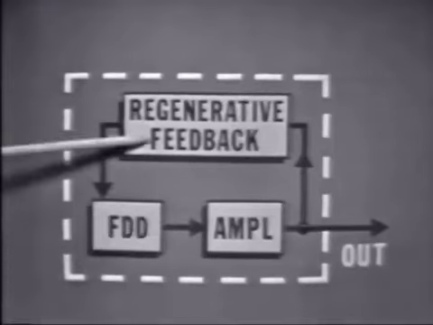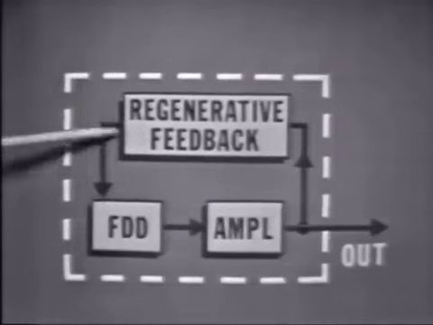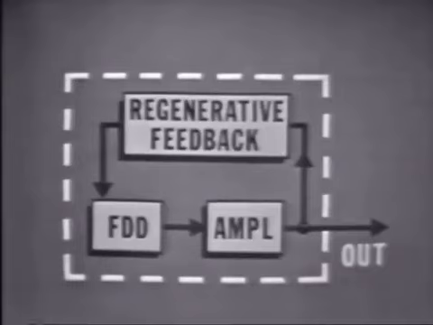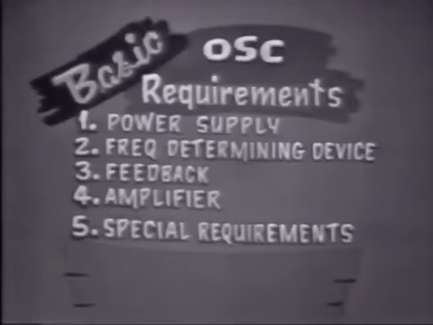Of course, the feedback must be regenerative or in phase. Thus, a phase-shifting network between the output and the input may be required. There may be other requirements depending on the application of the oscillator, which you'll discover when you study a particular piece of equipment. But the main idea is that all oscillators are basically the same.